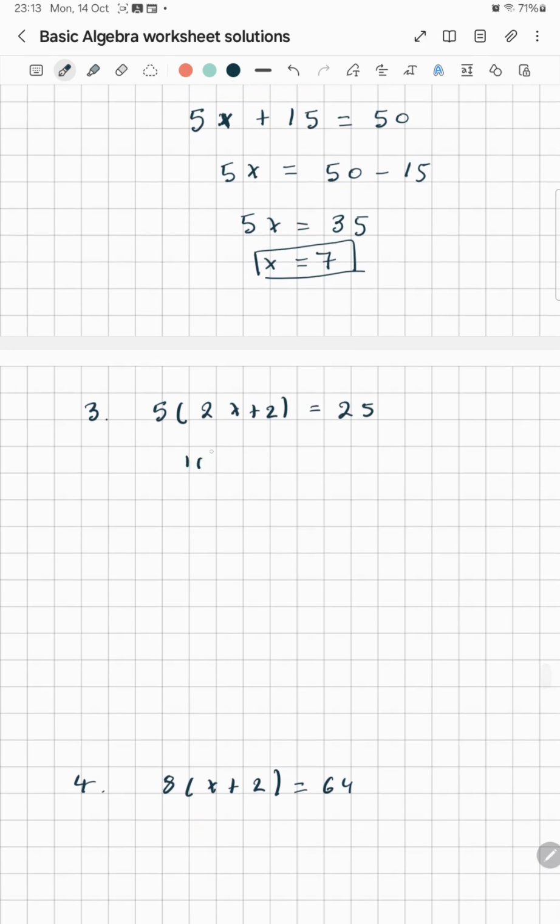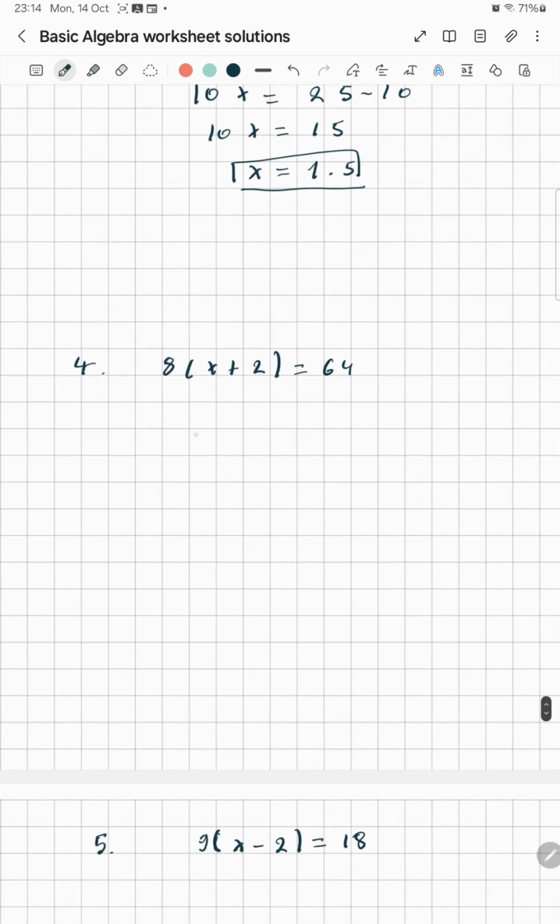This is 10x plus 10 equals 25, 10x equals 25, take away 10, 10x equals 15, we divide both sides by 10, 15 divided by 10 is 1.5.